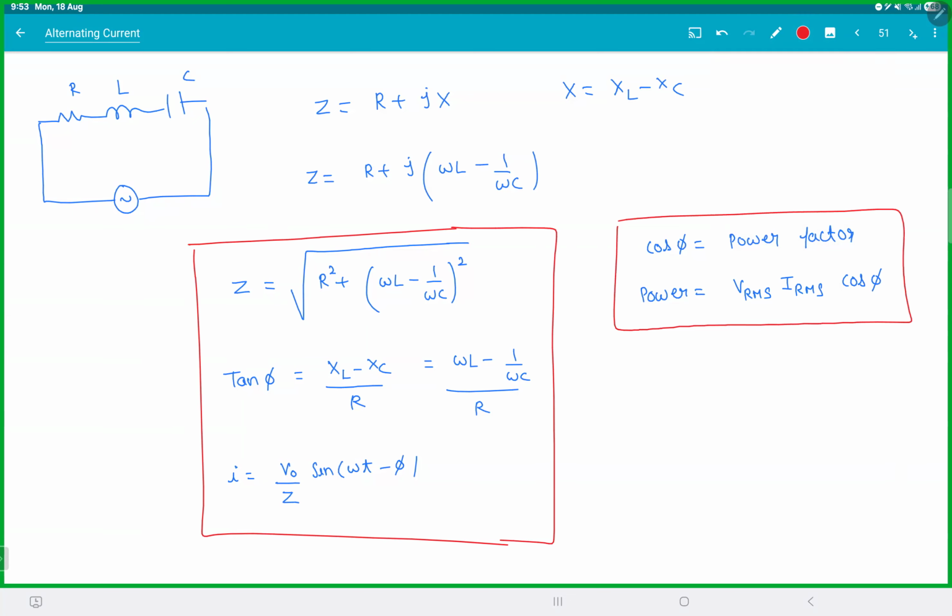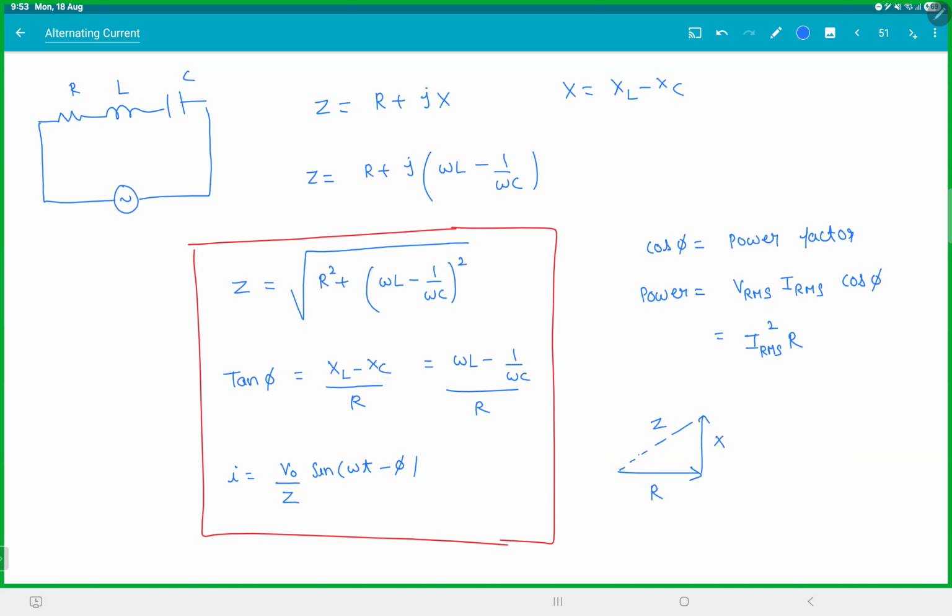This can also be written as IRMS square into Z. Same stuff.